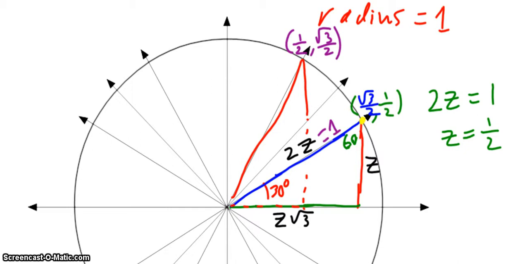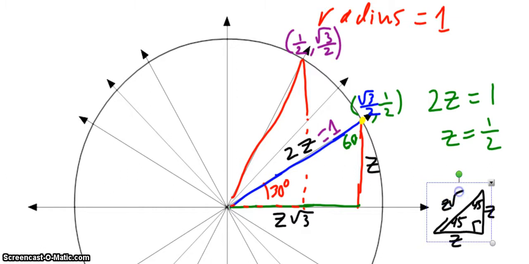Well, what about at 45 degrees? Well, if I think about my 45, 45, 90 triangle, then I can call this side Z, and this side Z root 2.